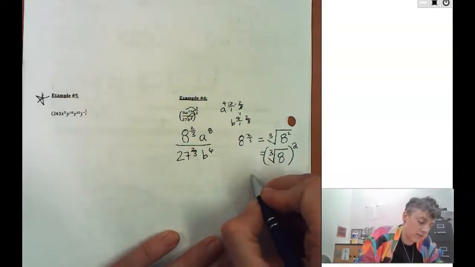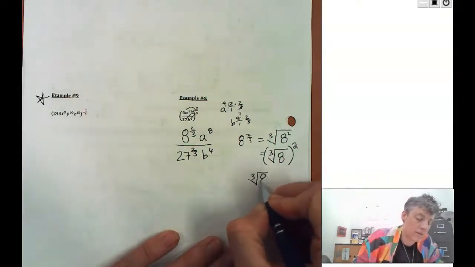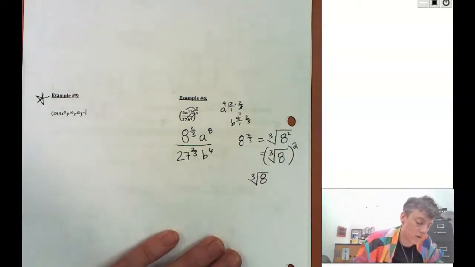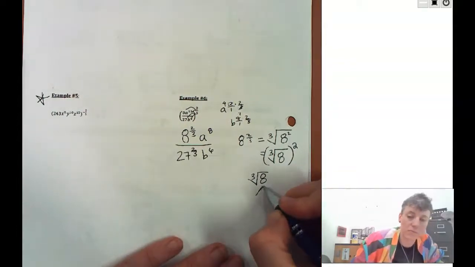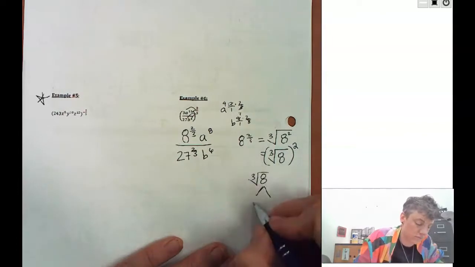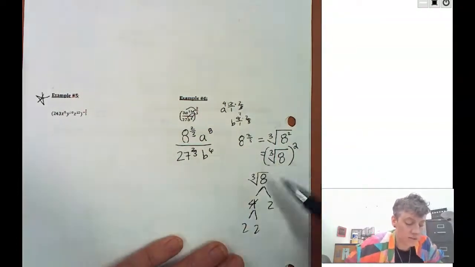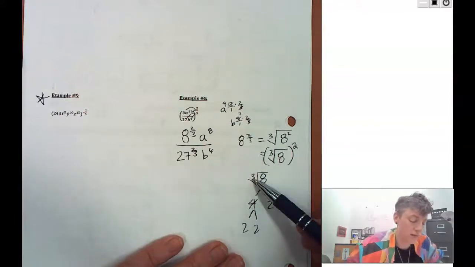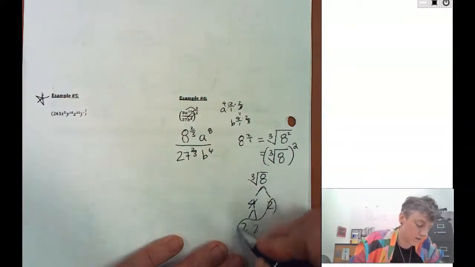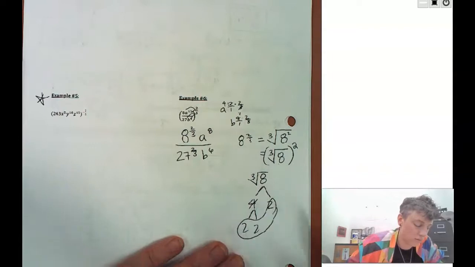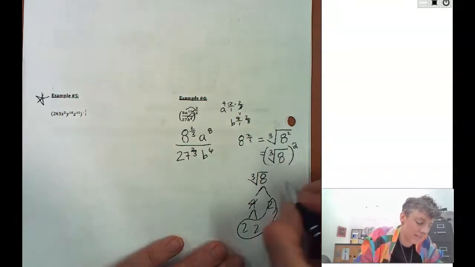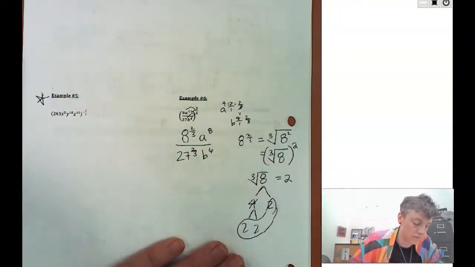So the cube root of 8 means we're going to break down our 8 into its prime factorization, meaning 4 times 2 and 2 times 2. It's the cube root, so we need a group of 3 things that are the same. So the cube root of 8 is 2.